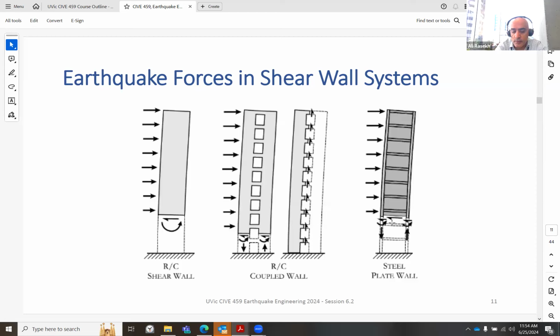Steel plate is almost the same thing as reinforced concrete shear wall. It creates moments and shear at the base, which should be designed for, or if there are fewer plates at the base, then the moment will be interpreted as tension on one side and compression on the other side that should be designed for.